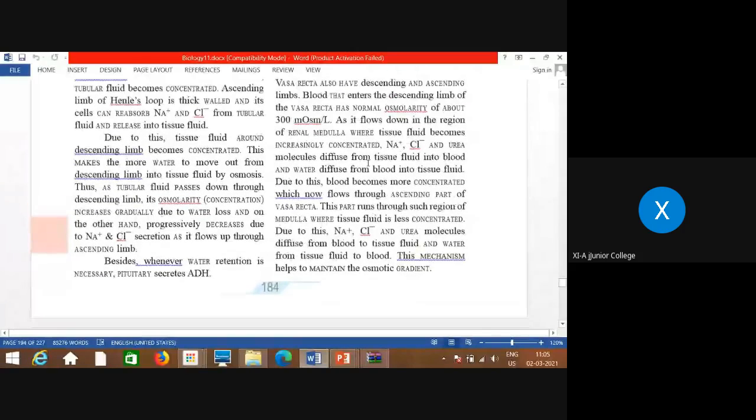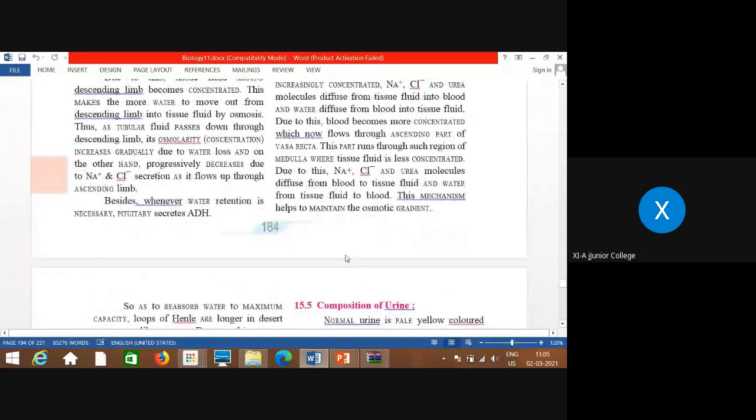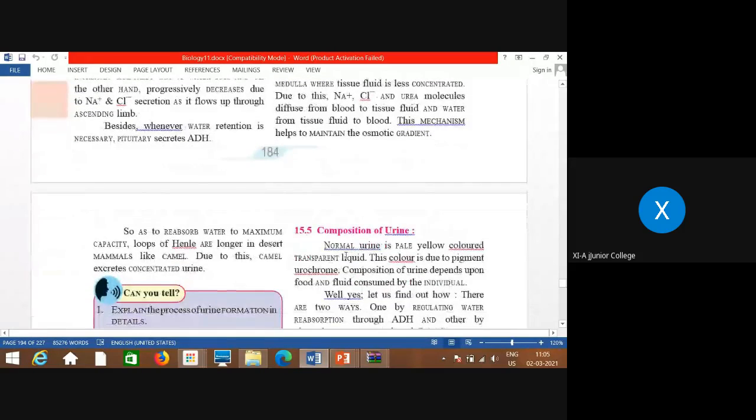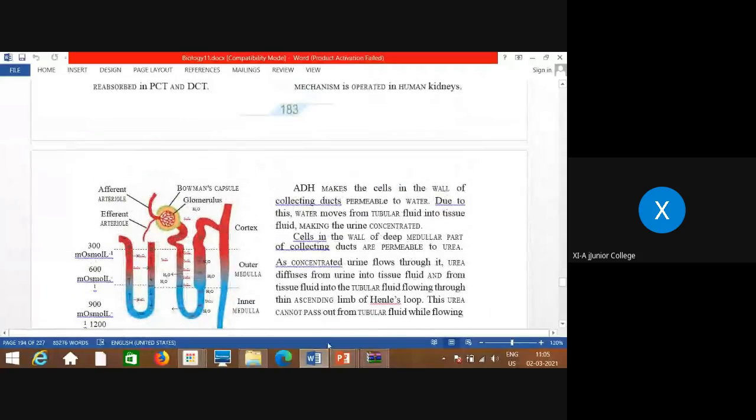So this is the reason why in this region urea as well as some of the ions can be reabsorbed because of the ADH secretion, which is secreted by the hypothalamus. Because of the action of ADH, that area, the part of the DCT and CT, becomes permeable to water and maximum water is reabsorbed in this region to make the urine more concentrated.